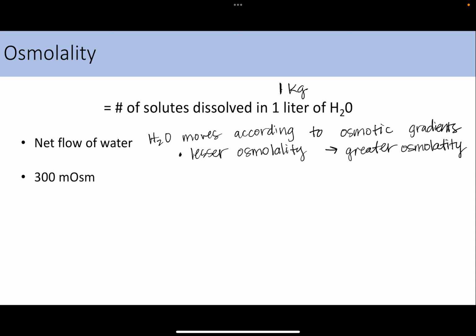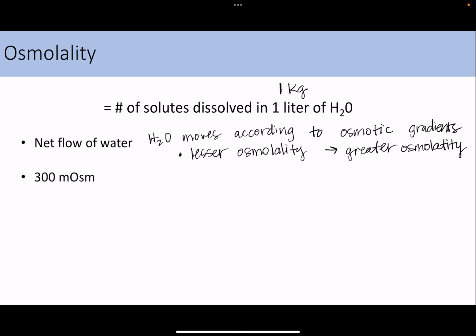One thing about osmolality across those 3 fluid compartments is they are going to have different makeups of solutes. So we said inside the cell, potassium is 140 and sodium is 12, but outside the cell, sodium is 140 and potassium is 4 milliequivalents per liter.